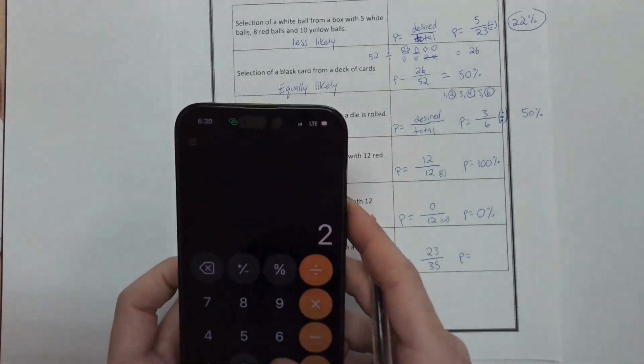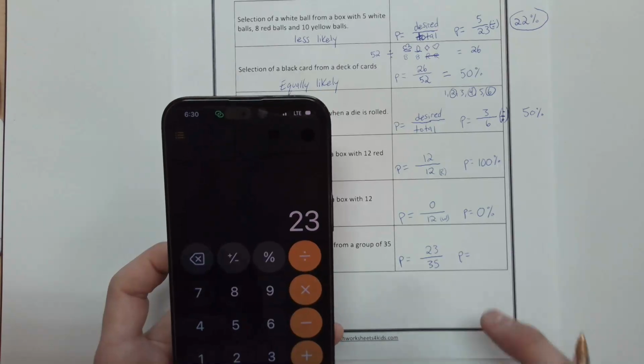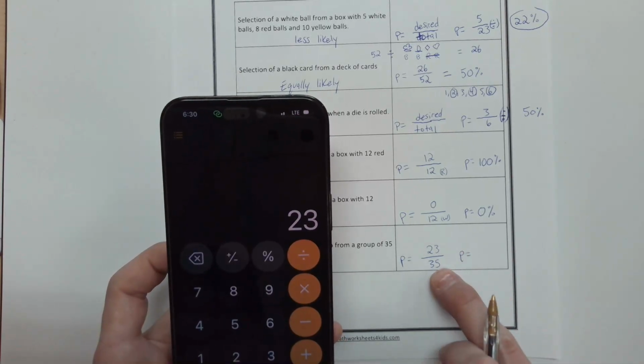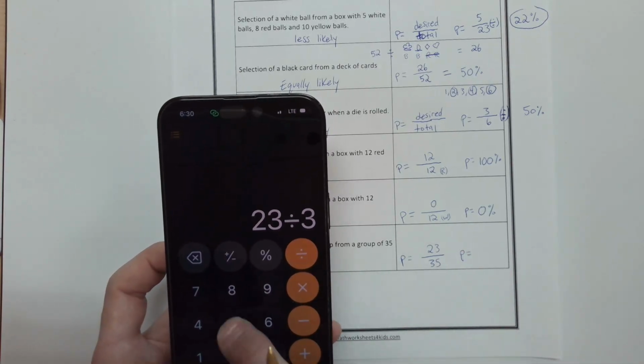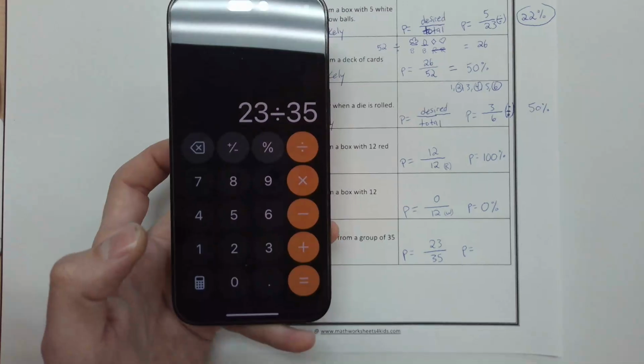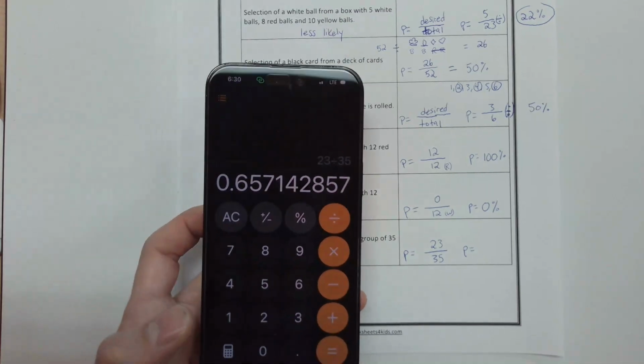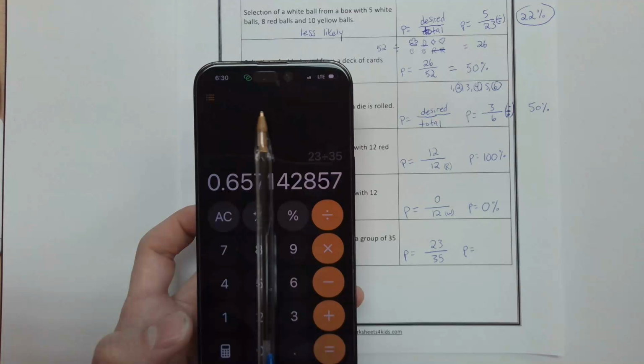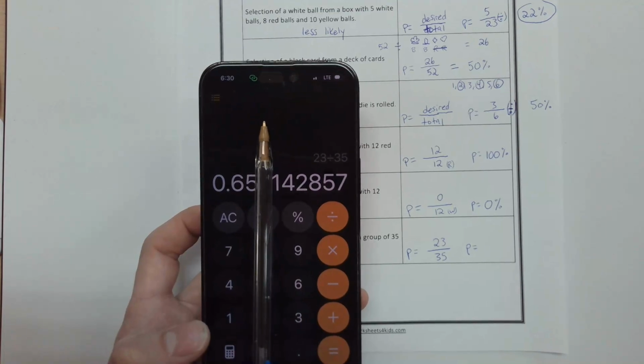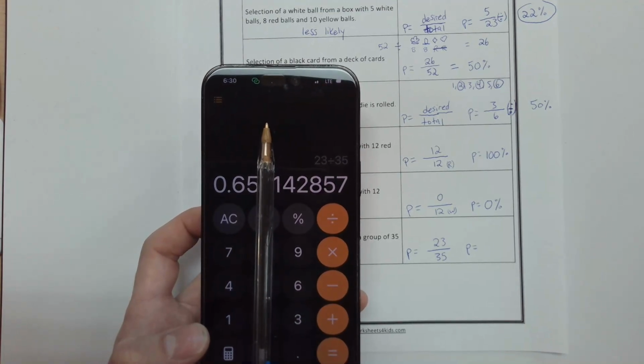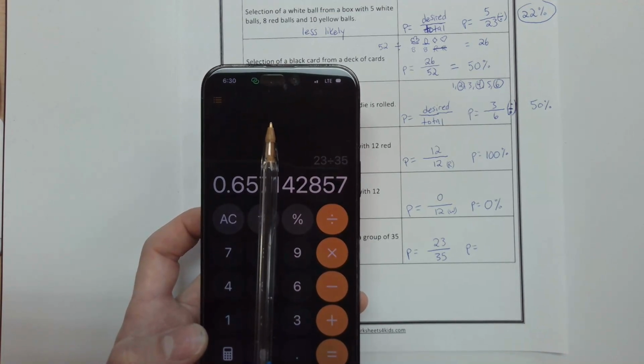If we take our 23 and we divide it by 35, you will get an answer of 0.65. So right now our answer is 65%.